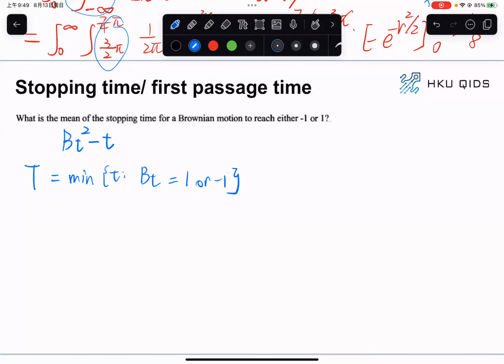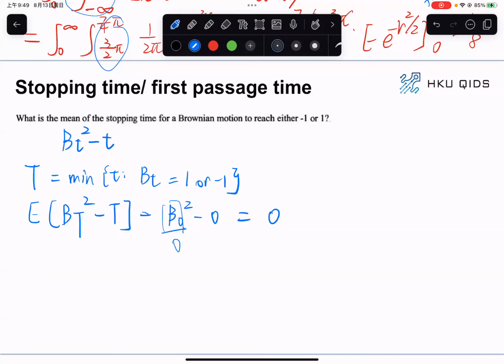Please remember, even in continuous time and space, the following property still applies: a martingale stopped at the stopping time is also a martingale. So we have the expectation of BT squared minus T is going to be the same as B0 squared minus 0, which is just what? We know a Brownian motion's initial point is 0, so this is just 0.